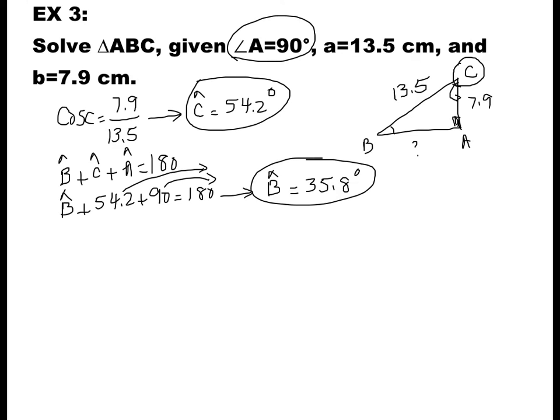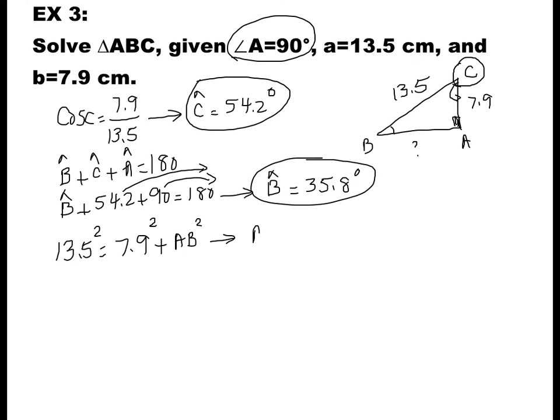To find the third side, because I have a, I have b, to find c, I use the Pythagorean theorem. So I can say that 13.5 squared is 7.9 squared plus AB squared.